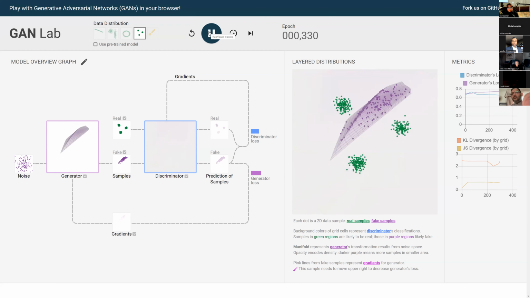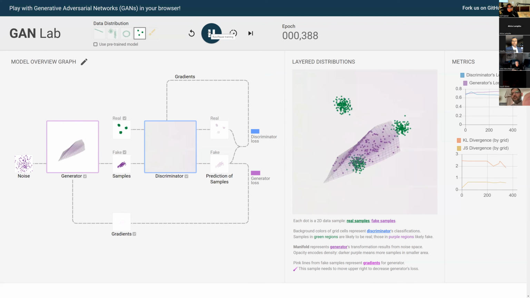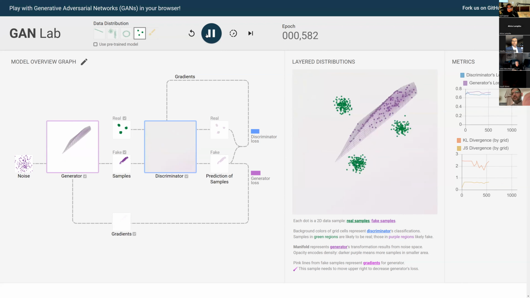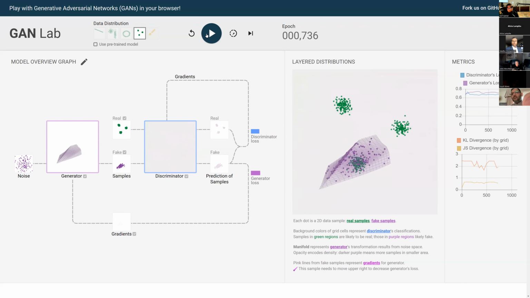And it gets a little bit better, but let's run it a little bit longer. I'll stop here. Well, one step back. I wish I could do one step back. Okay, I'll let it run a little bit more. Yeah, I'll stop here.